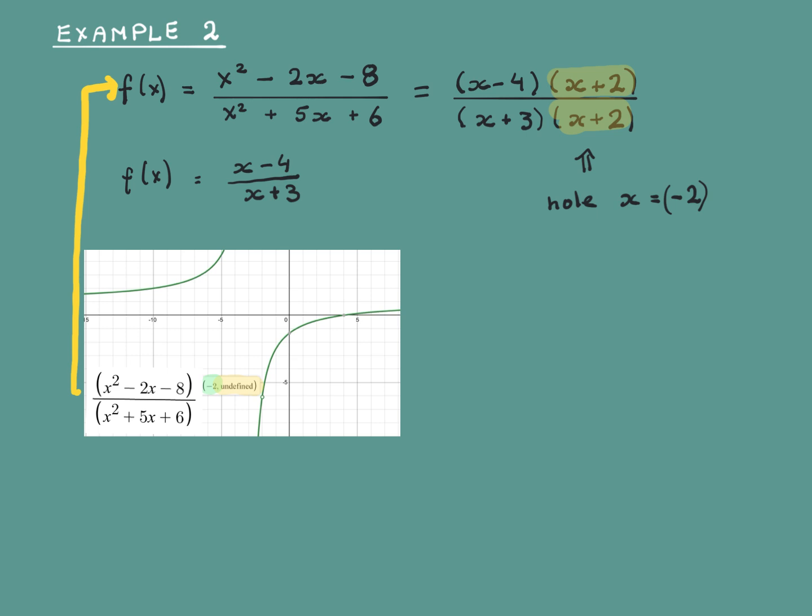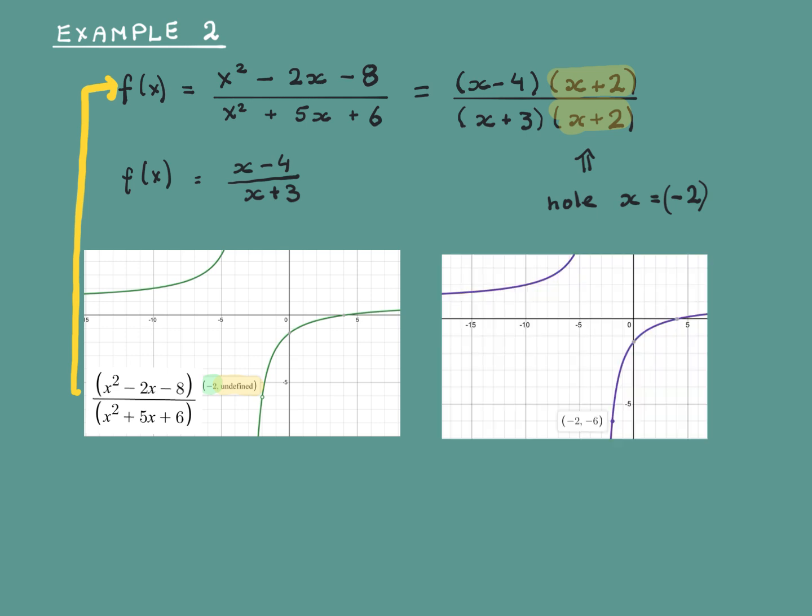Now I'm going to show you the same graph, but this time minus 2 is recorded at minus 6, and this is the graph of (x minus 4) over (x plus 3). As you can see, these are identical graphs, but one of the functions has a hole in it and the other one does not.